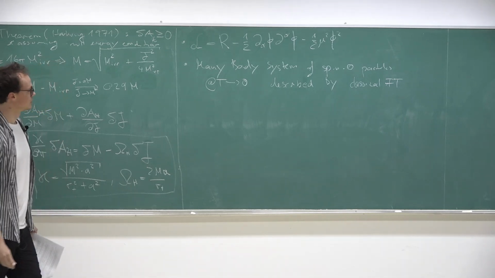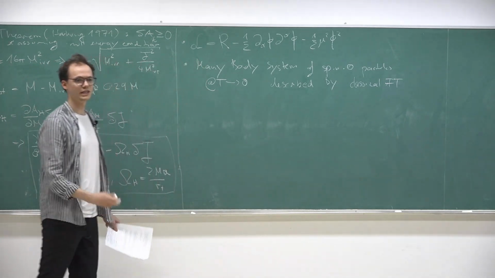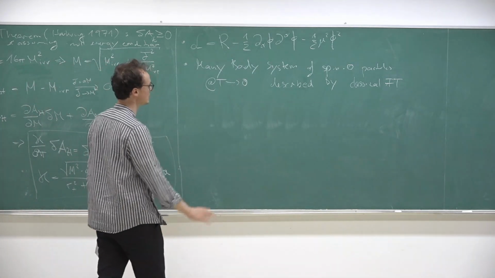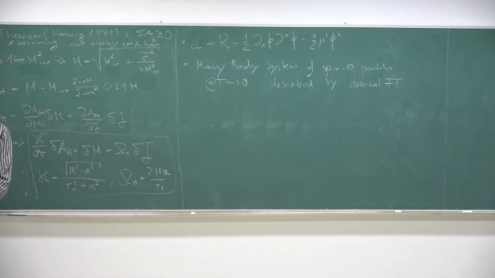Technically it's the Gross-Pitaevskii equation, which is a non-relativistic limit of this Lagrangian, but those are just details. The intuition behind this is that if you have a system of, let's say, 10 scalar bosons, and you cool the system down to basically 0 temperature, they will all be sitting in the ground state.